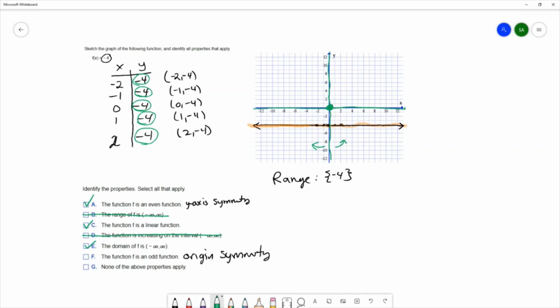So if I look at quadrant 1 versus quadrant 3, you can see quadrant 1 has no piece of the graph in it, and quadrant 3 has a piece of the graph, and so these are not mirror images of each other, and so this function is not an odd function. The last statement, none of these properties apply. Since I've selected some of them above, we would not check this box.